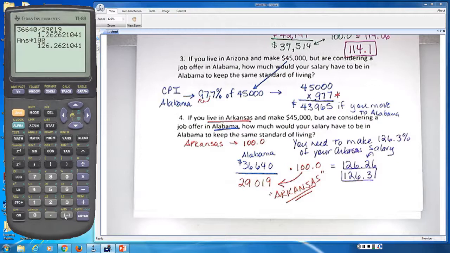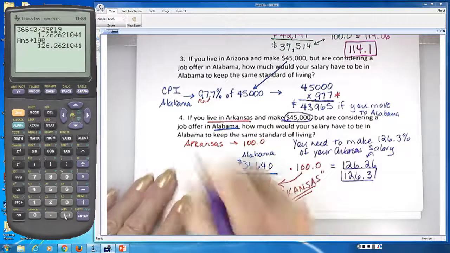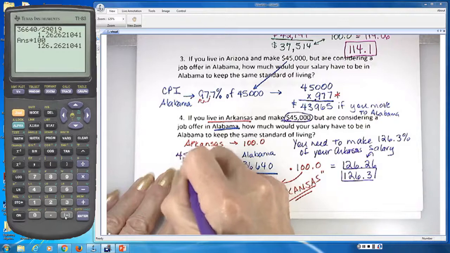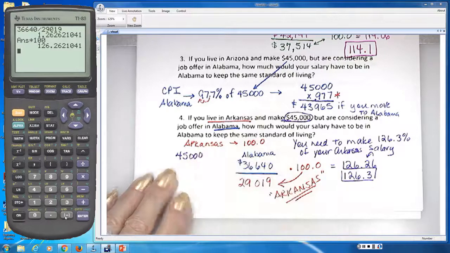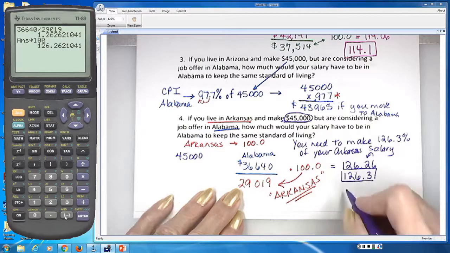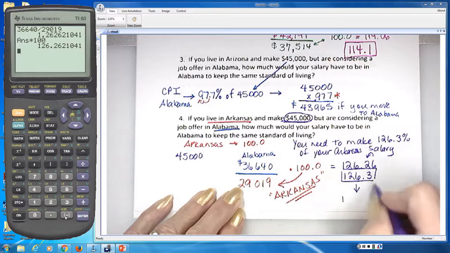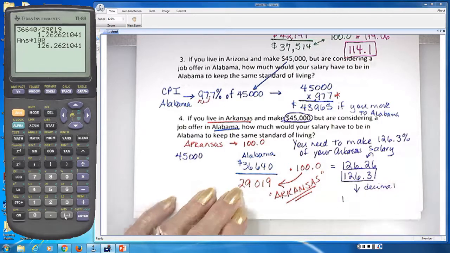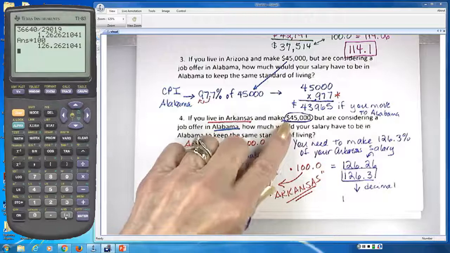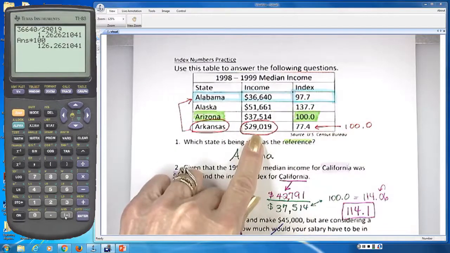And the way that you do that is you take your Arkansas salary, which is $45,000. You go back and you actually don't use the index number because that's a percentage. You actually go back to before it was a percentage, change it back to a decimal. I thought the Arkansas salary was 45,000. Your actual is, but the median in Arkansas is $29,019.